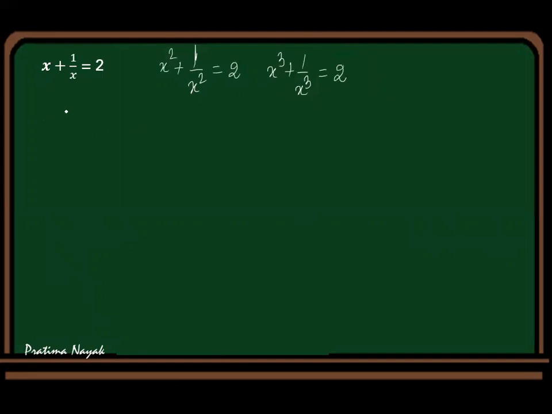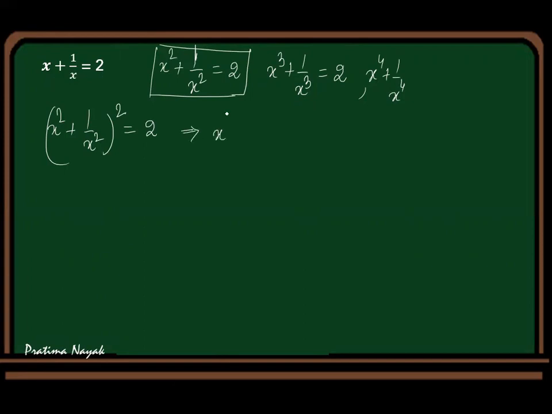Next I am going for x to the power 4 plus 1 by x to the power 4. For this, I'll take this expression, x square plus 1 by x square is equal to 2, and square both sides. Now squaring both sides, I'll get x to the power 4 plus 1 by x to the power 4 plus 2 x square multiplied by 1 by x square is equal to 2 square.